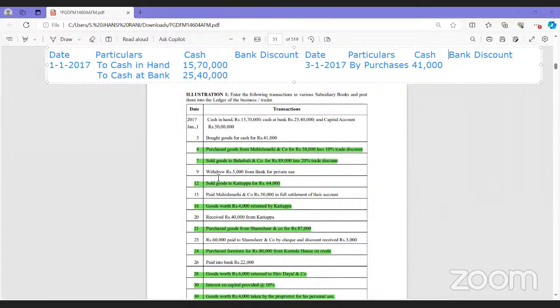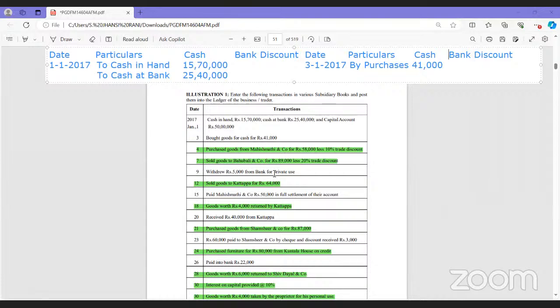Next, look here. What is the next one we have? Withdrew rupees 5,000 from bank for private use. Whenever the owner is taking an amount for private use, it is called drawing.